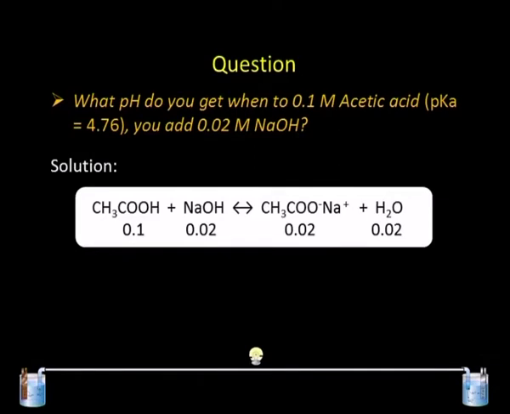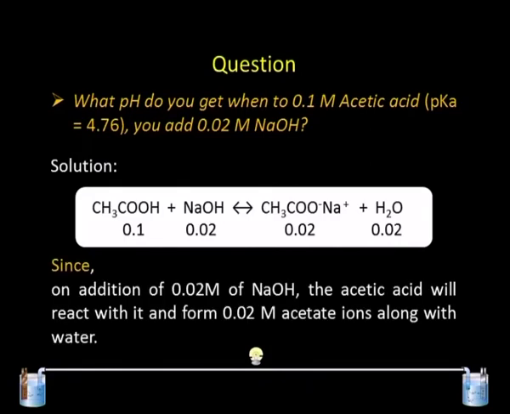The initial concentration of acetic acid is given as 0.1 and we are adding NaOH with 0.02 molar concentration. Now, in this case, the sodium acetate formed will be 0.02 and again water will be formed with 0.02 molar.